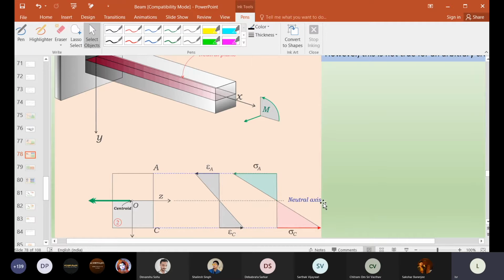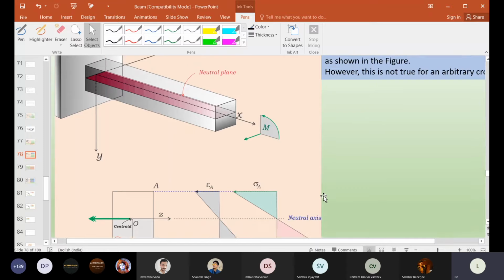Now we will assume the assumptions we made in case of simple bending, that is, the plane sections which were plane before bending and perpendicular to the centroidal axis, centroidal axis meaning CG axis, will remain plane and perpendicular to the centroidal axis even after bending.